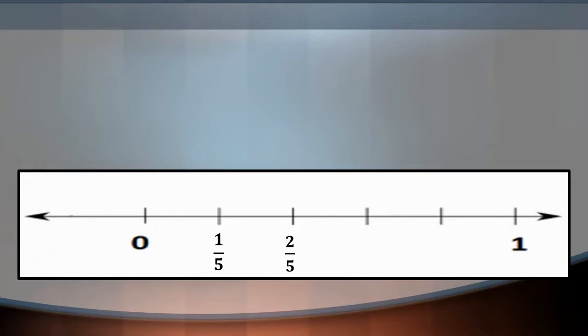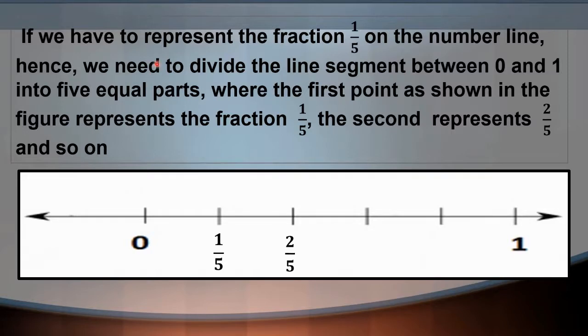Students, let's have a look at this number line. If we have to represent the fraction 1 by 5 on the number line, we need to divide the line segment between 0 and 1 into 5 equal parts, where the first point shown in the figure represents the fraction 1 by 5, the second represents 2 by 5 and so on.